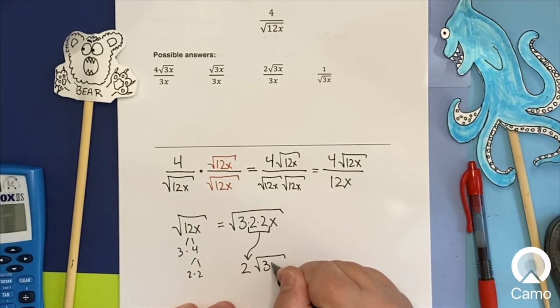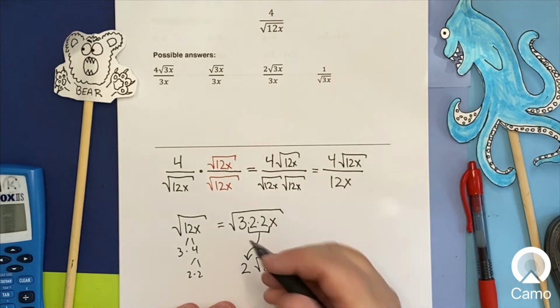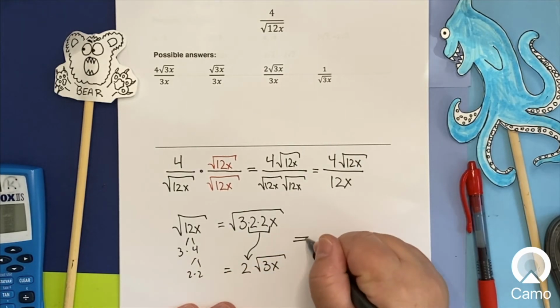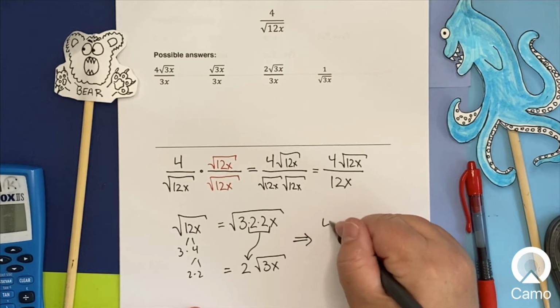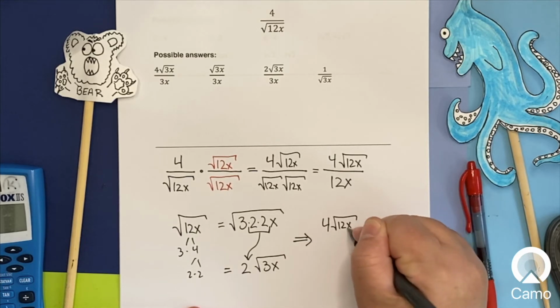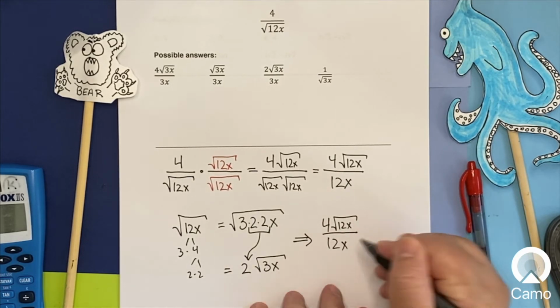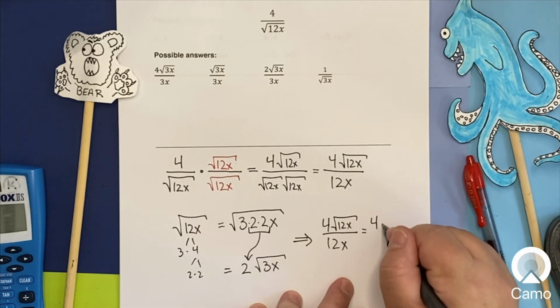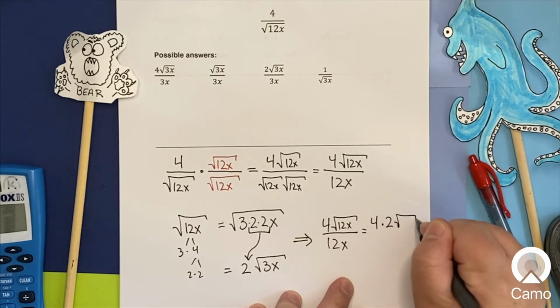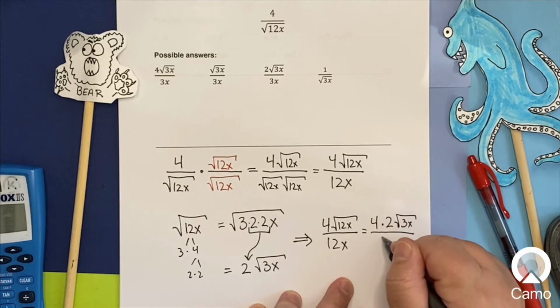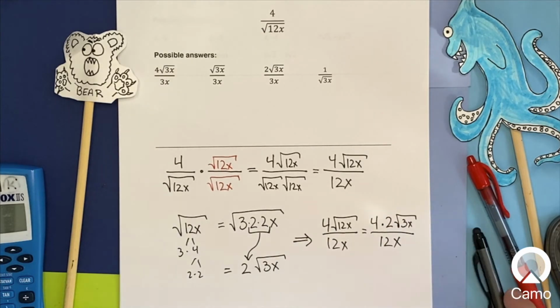And then I've got the 3x inside. So where I had 4 radical 12x all over 12x, I actually have 4 times 2 times 3x all over 12x. Do you see that? Let's see, I need another color.